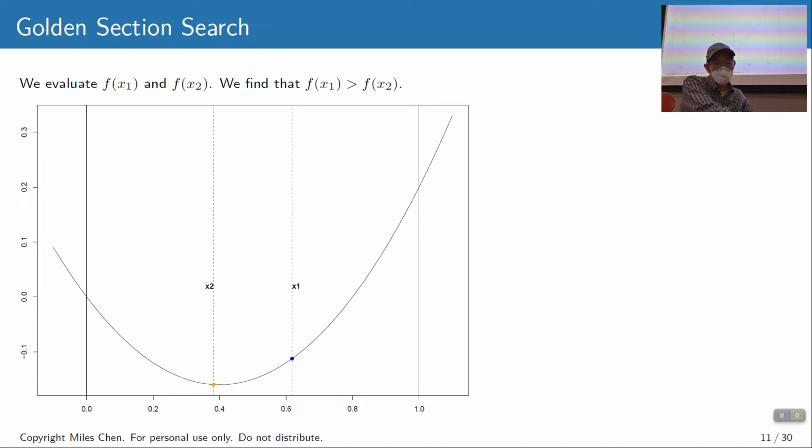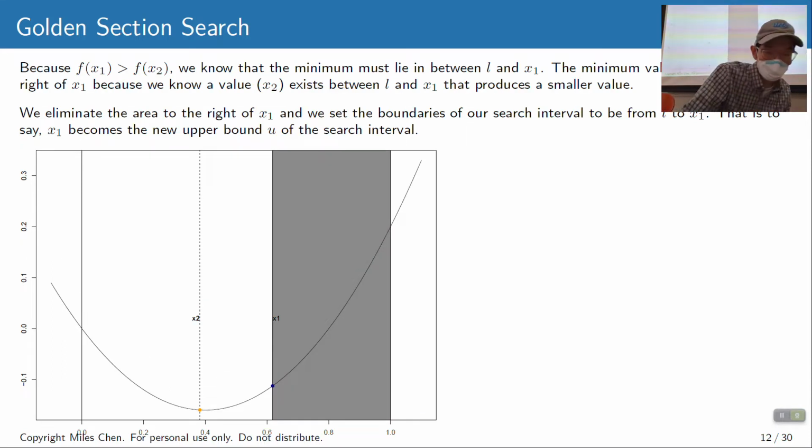So what does this mean? This means we can eliminate everything to the right of x1. Because we're under the assumption that a minimum value exists somewhere between the lower bound 0 and the upper bound 1, or just the lower bound and the upper bound. And again, we're under the assumption that there's just one of these.